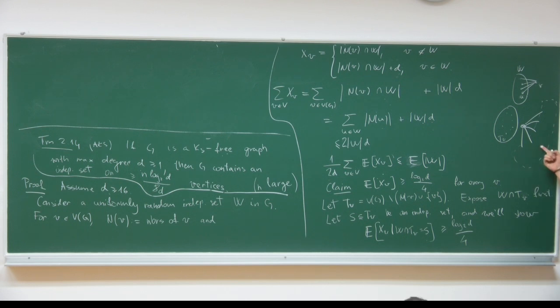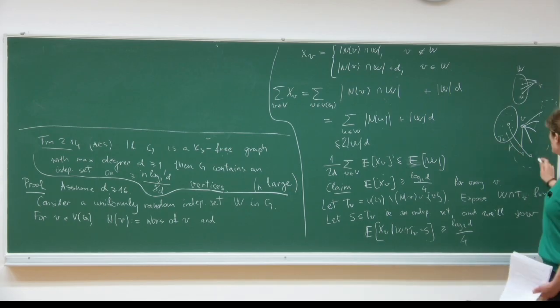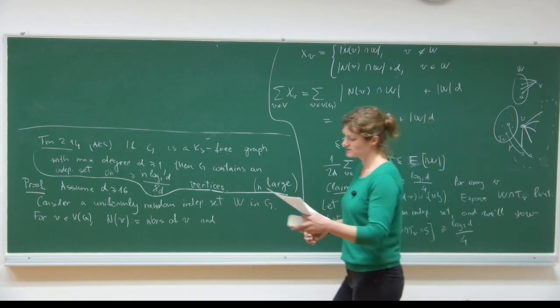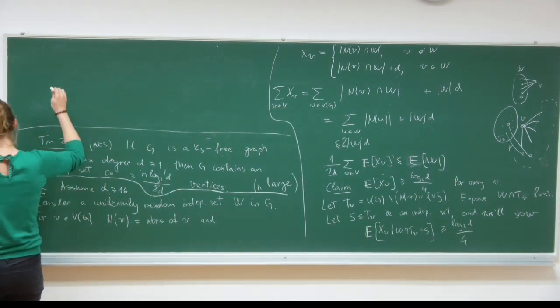And then we also have the case when v is included in W, because then none of these can be included. So we have two cases: either v is included, then we're done, or v is not included, and then we have a subset of its neighbors. But of course, I cheated slightly: some subset of its neighbors that are not already forbidden. If someone here already has a neighbor in W, then it's automatically forbidden.